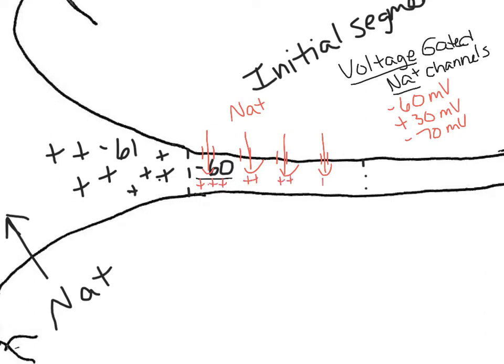So our negative 60 is going to get even higher. And what's higher than negative 60? Negative 50, negative 40, negative 30, negative 20, negative 10, 0, positive 10, positive 20, positive 30. It's going to get all the way up to a positive 30.